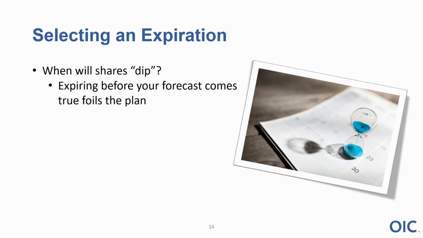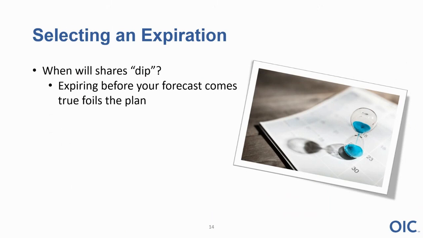So we want to make sure that we're giving ourselves enough time. And again, this goes for any strategy that we're talking about, whether it's buying or selling, calls or puts. We want to make sure that we're putting ourselves in the best possible position for this trade to be successful, for this trade to be profitable. So when do we think the shares are going to dip?